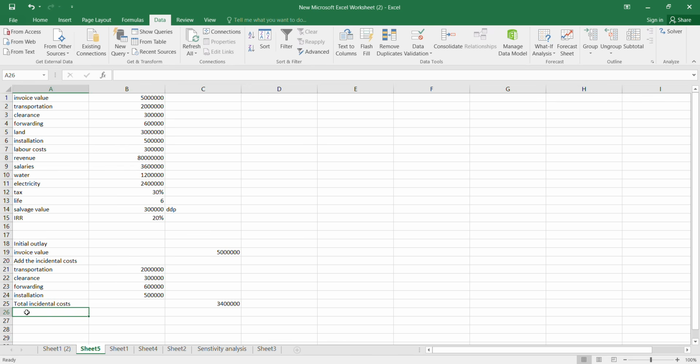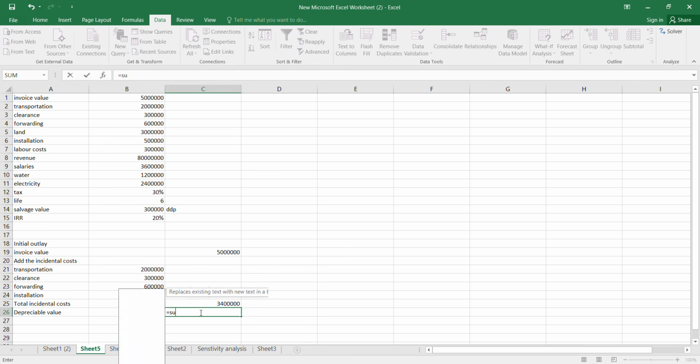And then we shall have the depreciable value, which equals the sum of this and this. So our depreciable value will be 84.